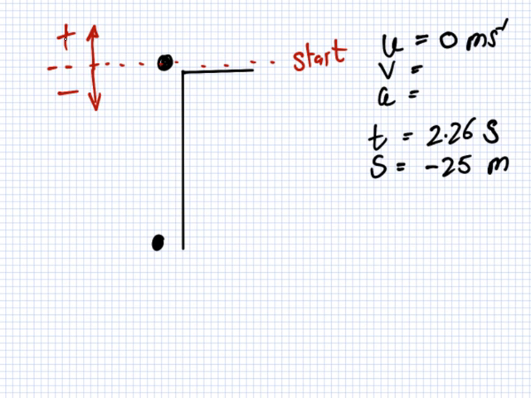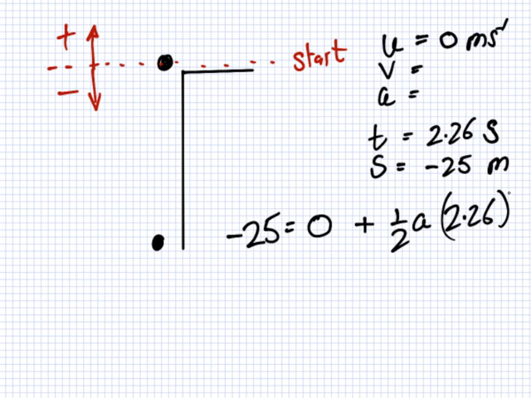If you didn't do this, it's okay. It just means you've taken down as positive, which is okay. Right, what did I want first? I wanted the a. So what could I use? S equals ut plus a half a t squared.